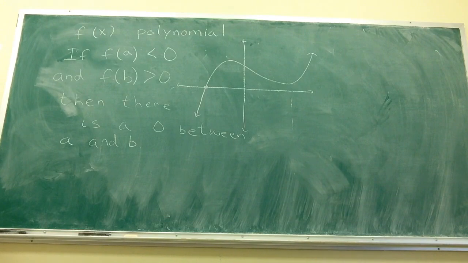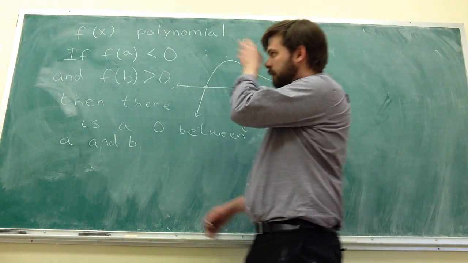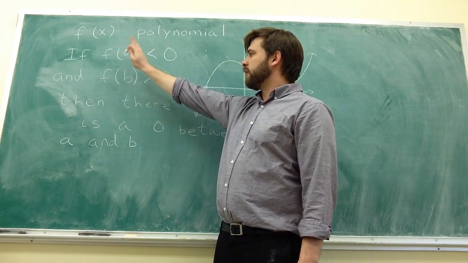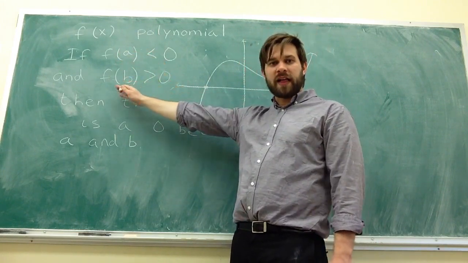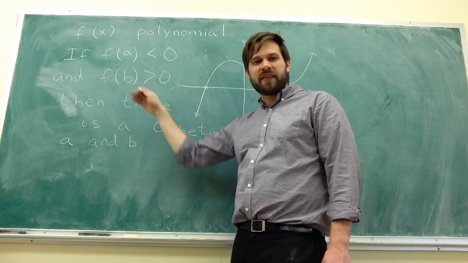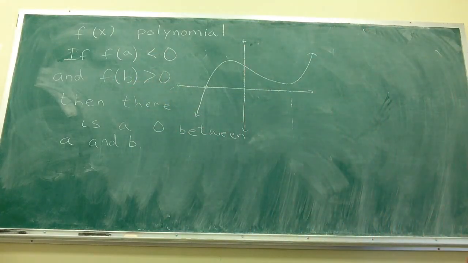So if you can find some value of x where the function takes on a negative value, and you can find some other value where it takes on a positive value, then somewhere in between there has to be a 0 of the polynomial.